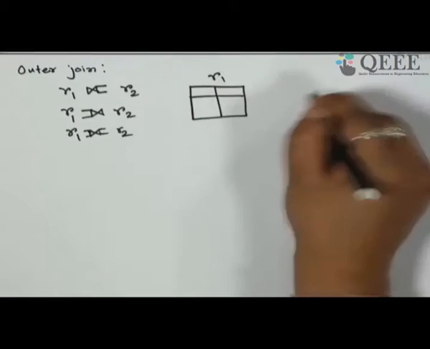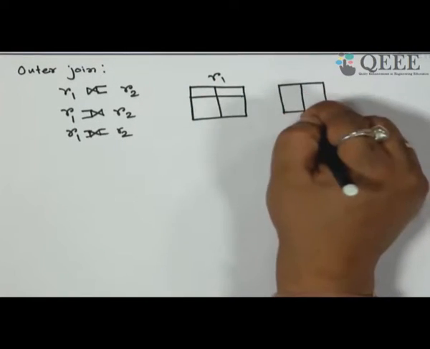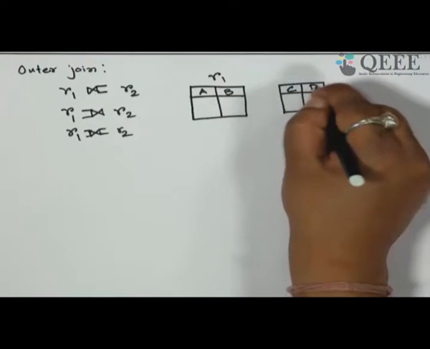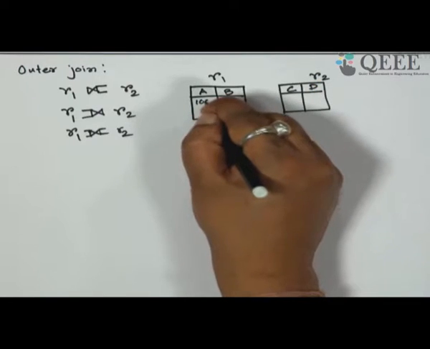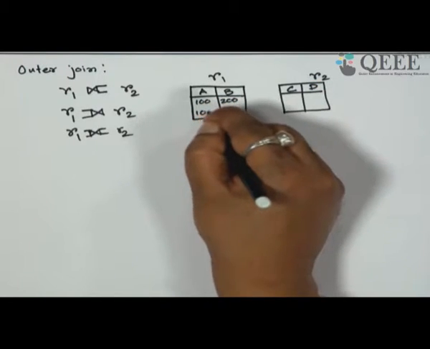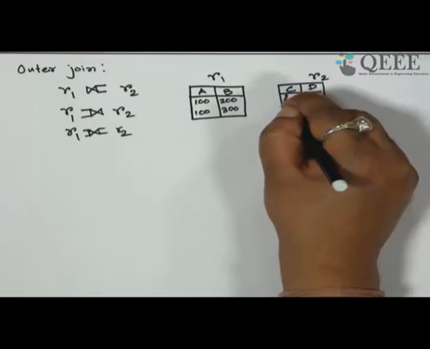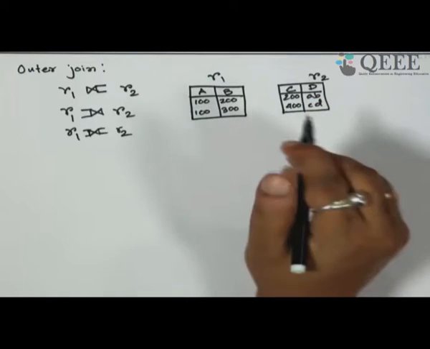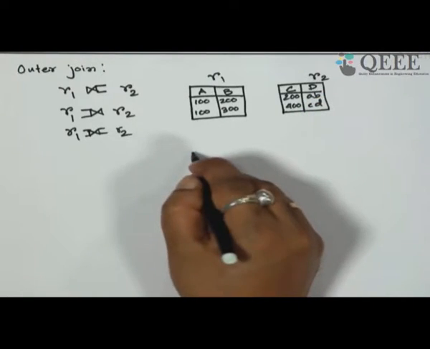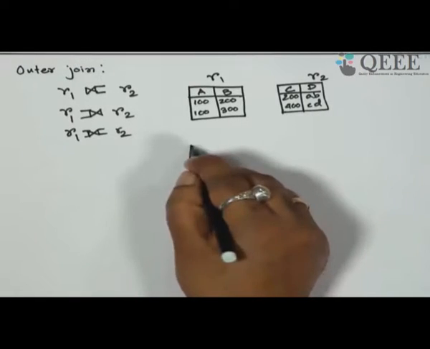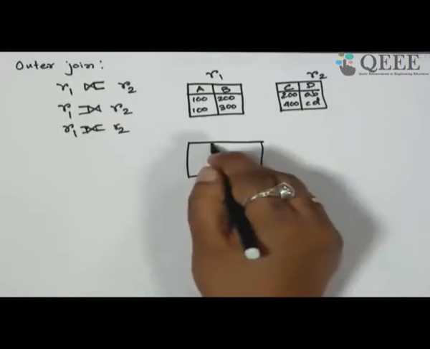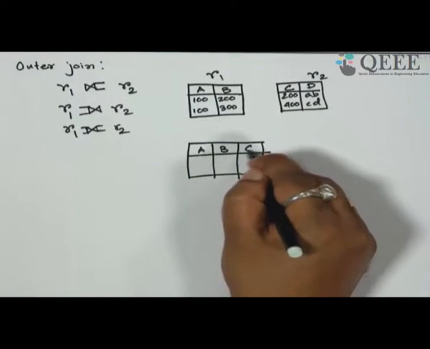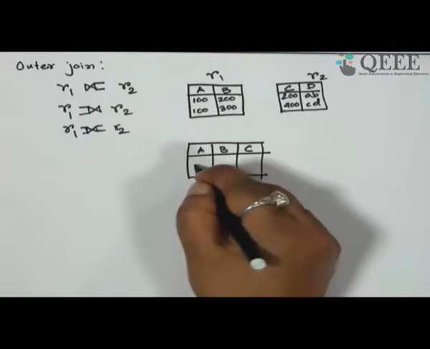So let me again take R1 and R2. The result will contain all the 3 attributes. Normal natural joins will be there, so this will be there.